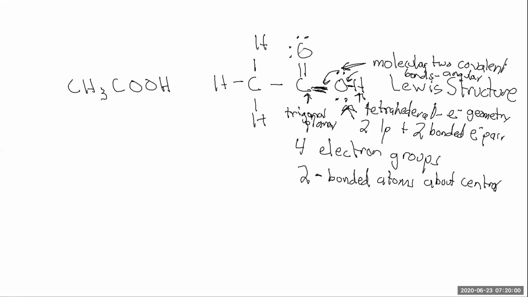Also, this oxygen has 3 electron groups, 2 lone pairs and a bonded pair. So this is also trigonal. And then this carbon has 4 single bonds, or 4 electron groups, no lone pairs, so it's tetrahedral.